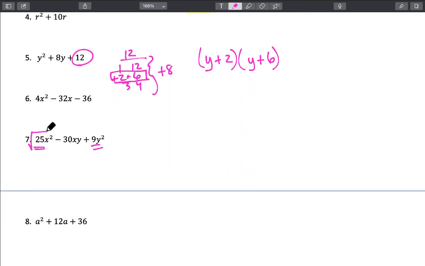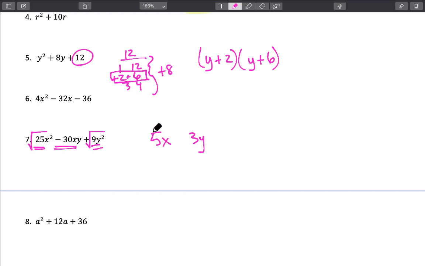In order to find out what a and b are, remember you have to take the square root of both of those. So the square root of 25x squared is 5x. The square root of 9y squared is 3y. Now if I take 5x and 3y, multiply them, that's 15xy, and I double it, that's what's going to give me this negative 30xy.